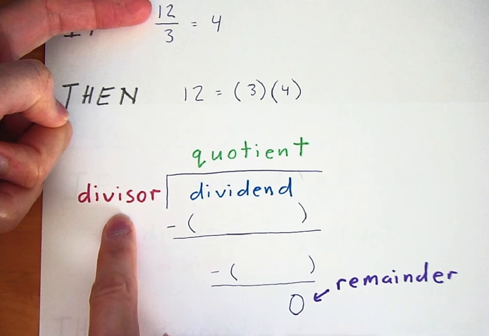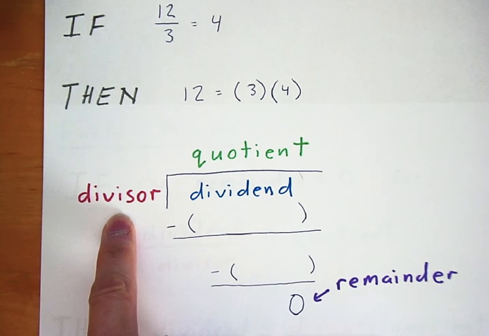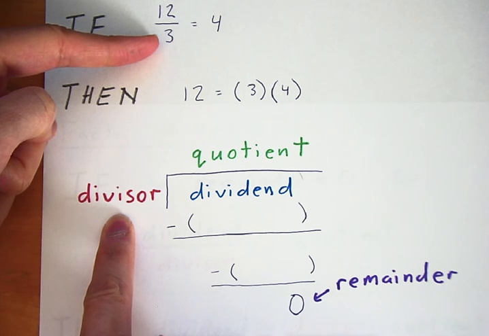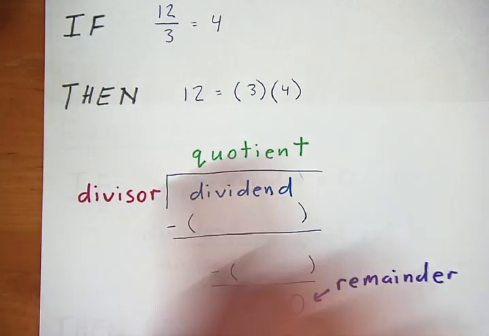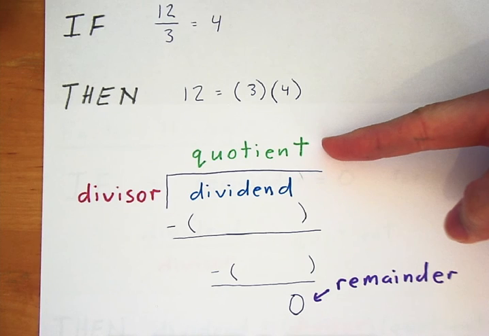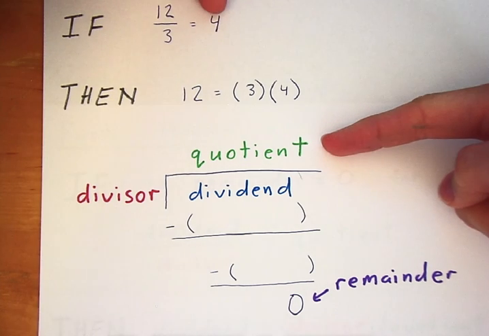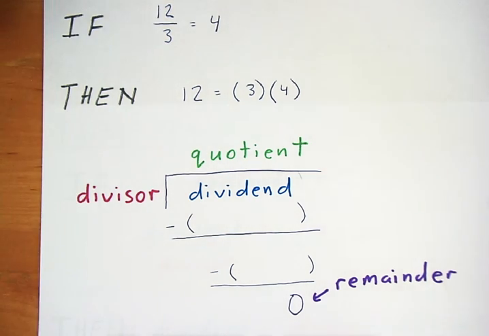The thing you put out here is called your divisor. So in this case, your 3 would be your divisor. The answer that goes up here is called your quotient. In this case, it'd be the 4. And after you do all the long division, that thing you get all the way down here, that's called your remainder.